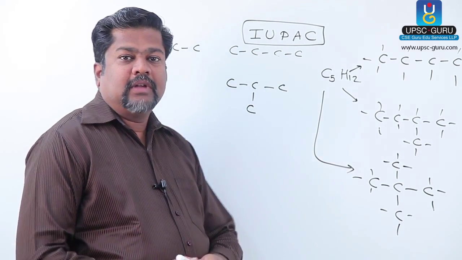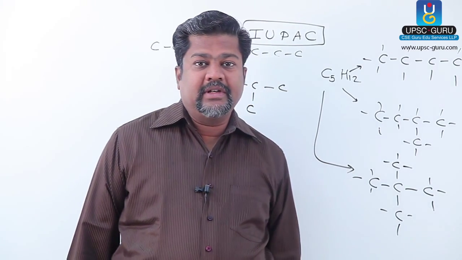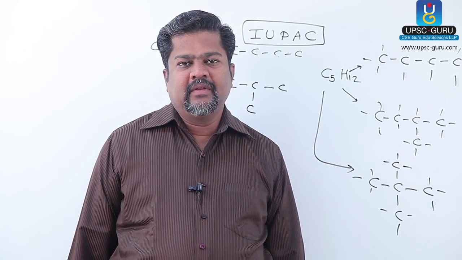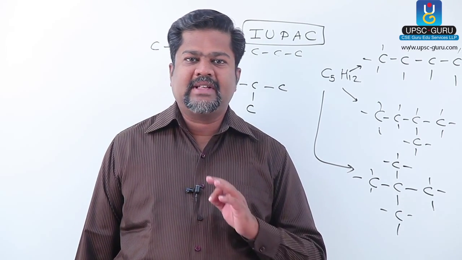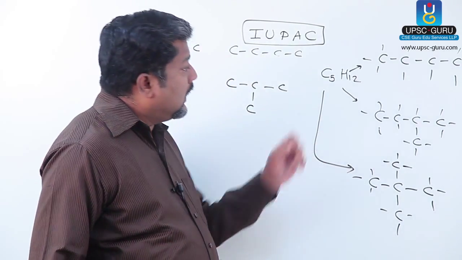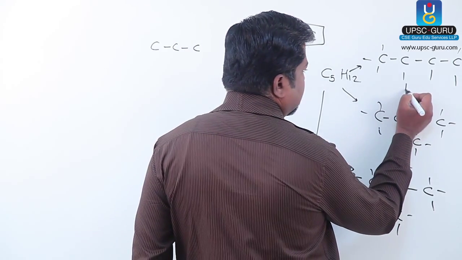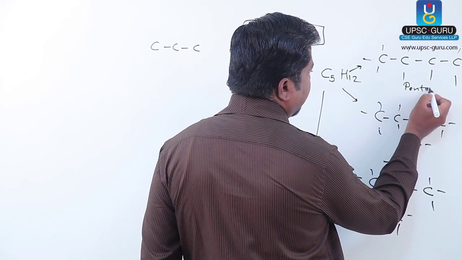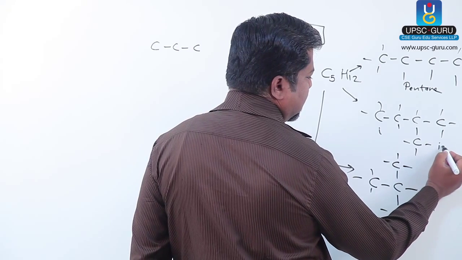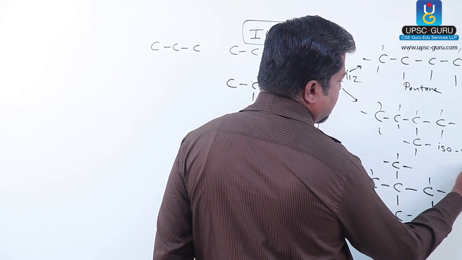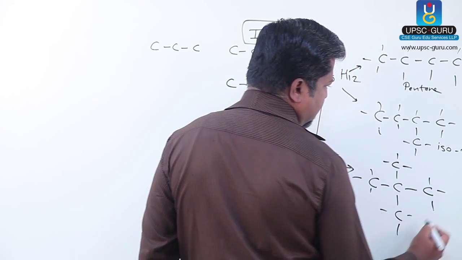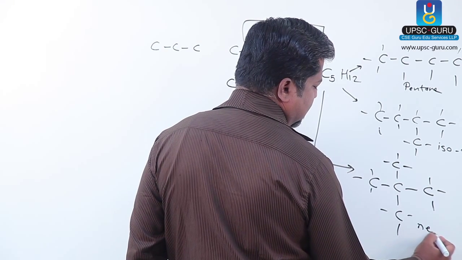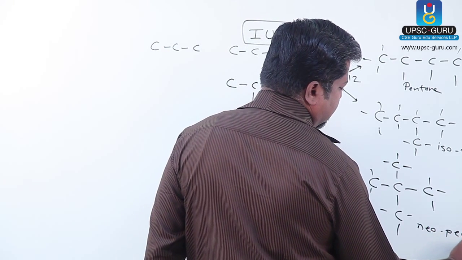Now according to IUPAC nomenclature, the first thing is that we have to select the longest chain. So here I am naming first: this is called pentane, this is called isopentane, and this is called neopentane.